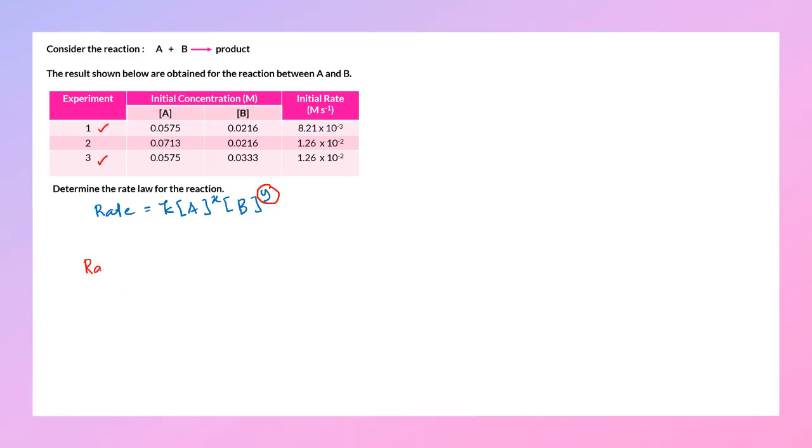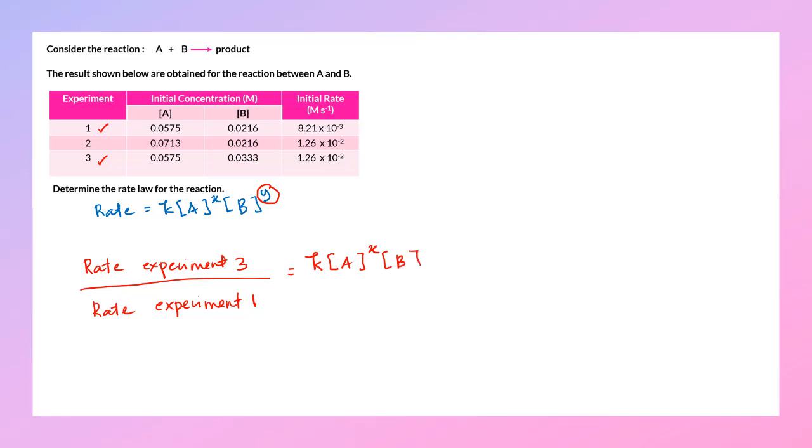So compare the rate from experiment 3 with the rate from experiment 1, which is equal to K times concentration of A to the power of X times concentration of B to the power of Y.